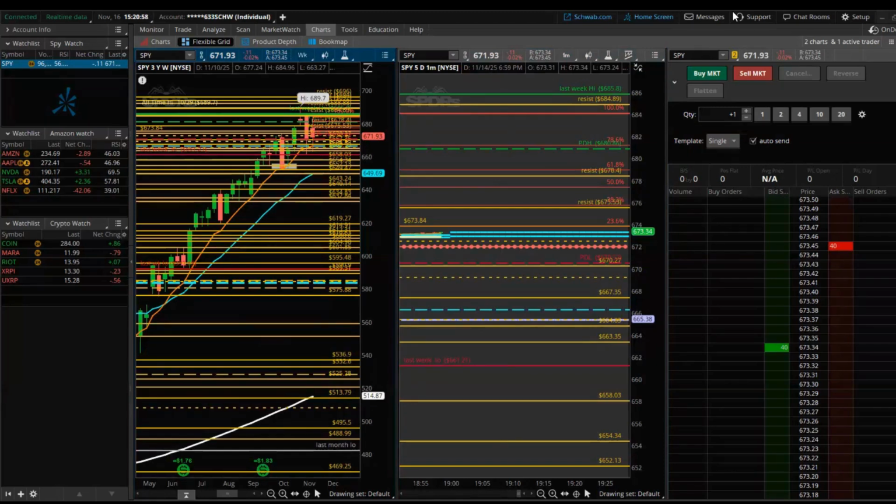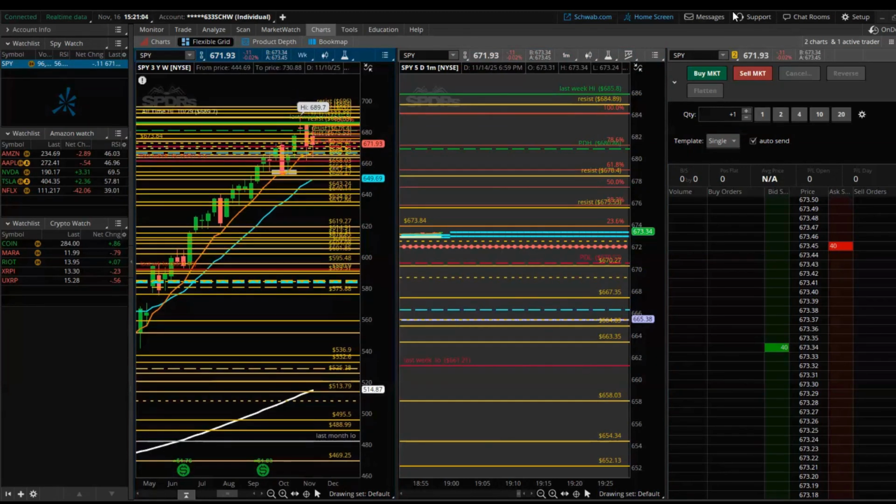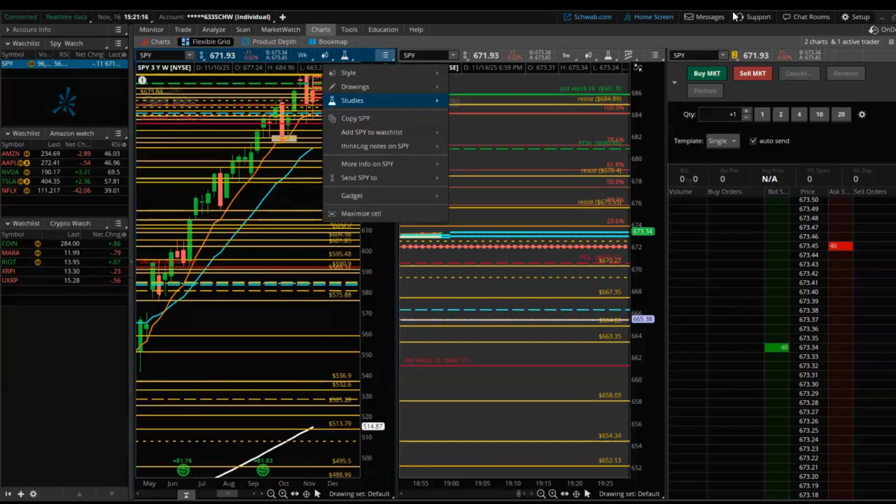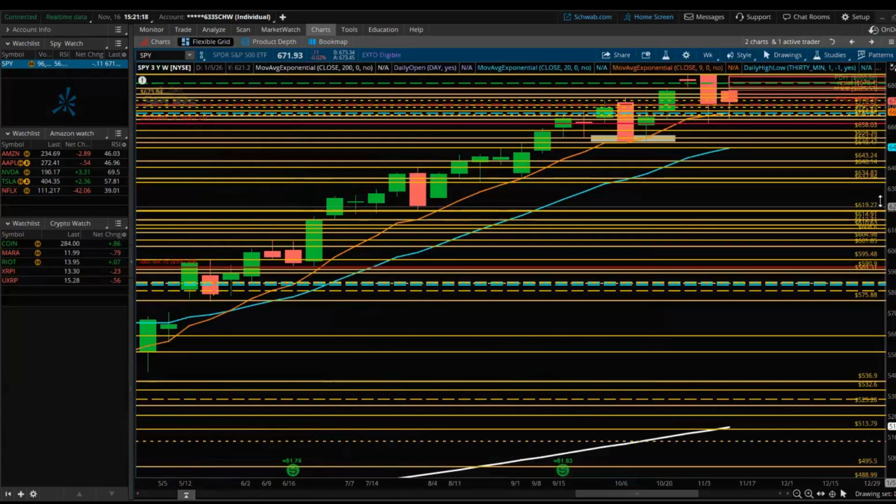Okay, let's see if we can get this to move and open up for us. And here we go. Now I've opened up the weekly chart, and the weekly chart looks like this.